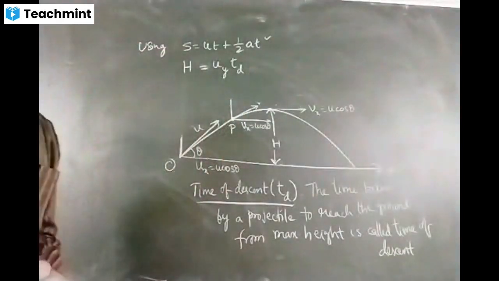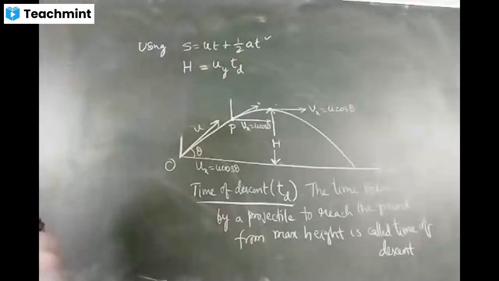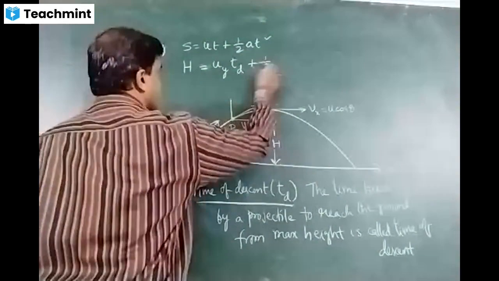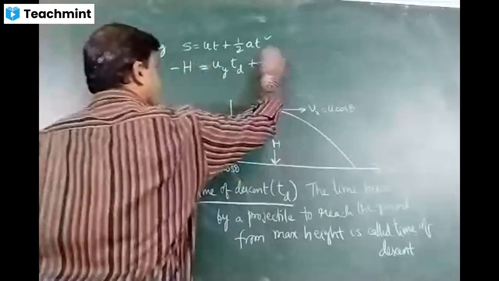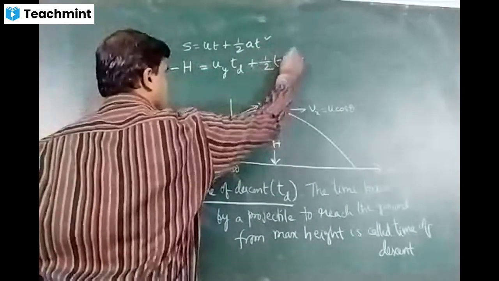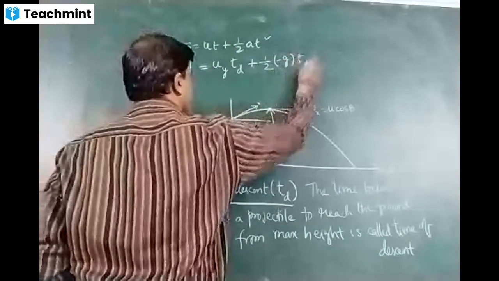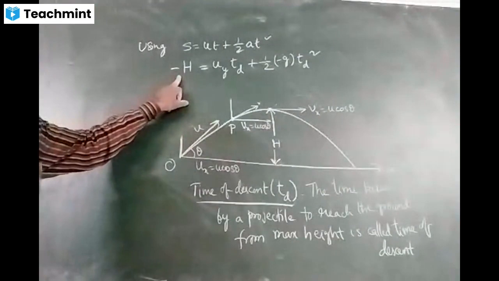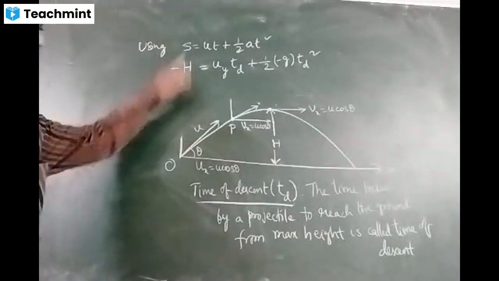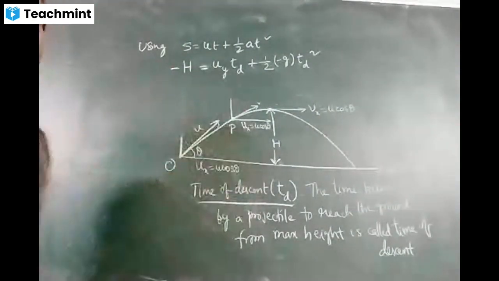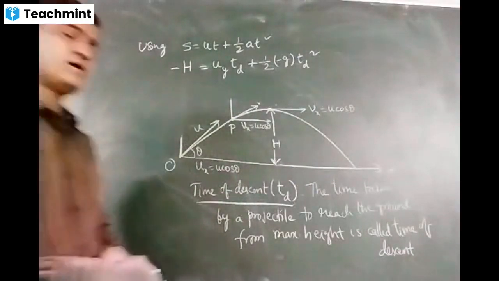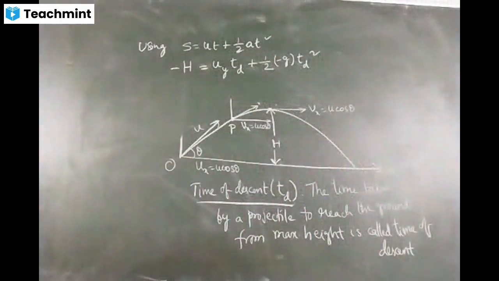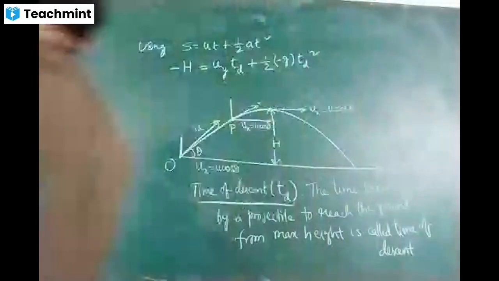I'm using the time as td because I need to calculate time of descent. Plus half into a, which is nothing but minus g into t. And here why am I using minus? Vertically downwards, the particle is coming down, so downward direction I take as negative.